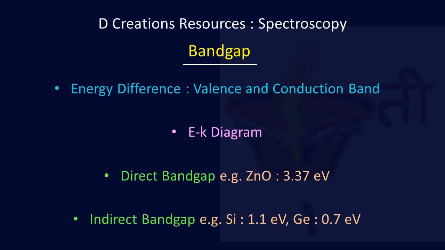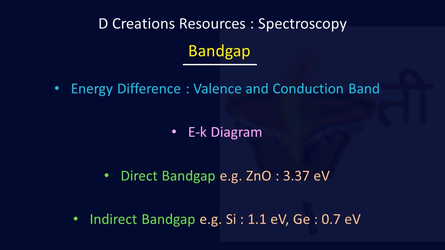Although it is less suitable for optical devices, it is useful for solar cells and in some electronic applications. And the elemental semiconductors like silicon and germanium are indirect band gap materials. So we already saw the value of band gap in their case.